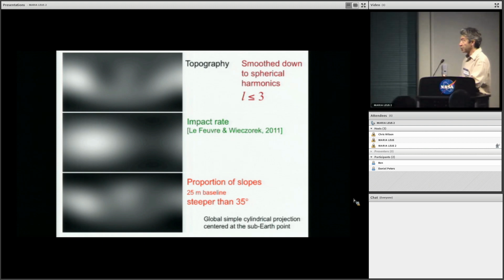We do see concentration to the equator, but this is what was predicted from theoretical considerations of impact frequency. We do see concentration in the leading hemisphere, in this simple cylindrical projection of the whole Moon, but it is shifted to the west, to the far side.